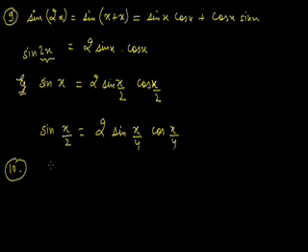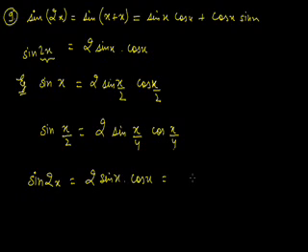Let's take another formula. Okay, before that, let's convert sine 2x in terms of tan also. We know that sine of 2x is equal to twice of sine x into cos x. Let's multiply and divide this with cos x. So you will get twice of sine x upon cos x into cos square x. We have multiplied and divided by cos x. So here's the divided cos x, and when we multiply cos x by cos x, we will get cos square x.